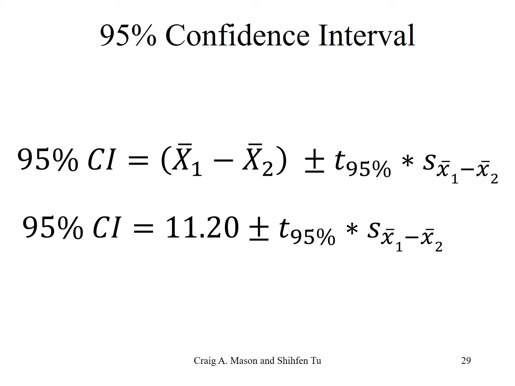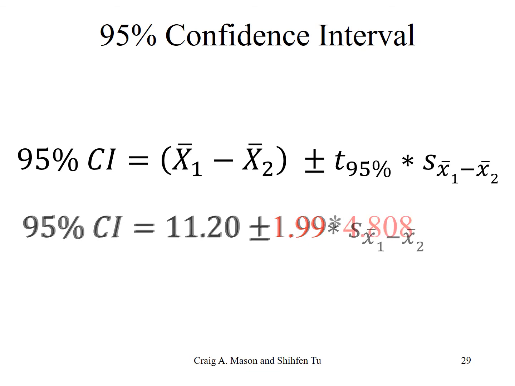If we look that up in a table or Excel or a calculator, we'll find that it's a t-score of 1.99. Now, we just calculated the standard error of the difference in means, and that was 4.808. A little math tells us that 1.99 times 4.808 is equal to 9.57, rounding to 2 places.